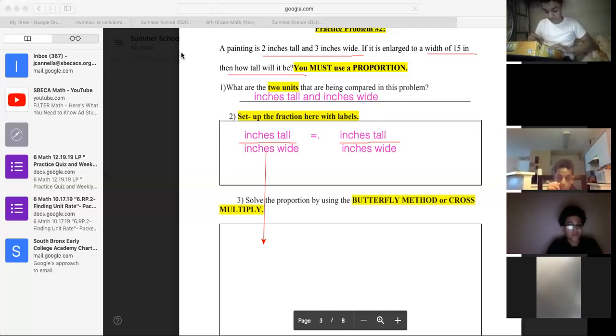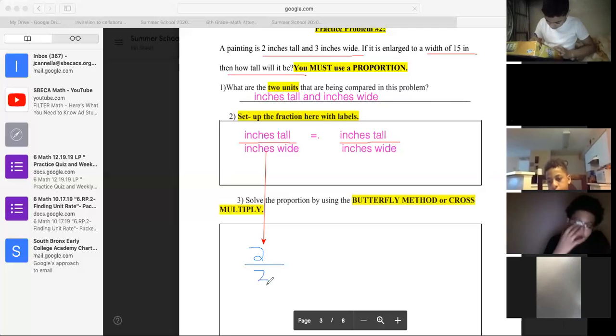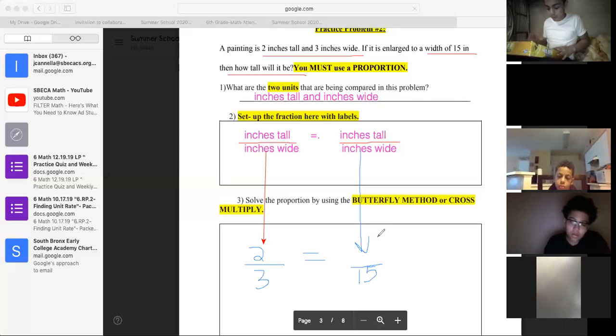So we're going to write 2 over 3 equals. Let's bring this part down now. Next sentence: if it is enlarged to a width of 15. So the width is where? The numerator or the denominator? Denominator. We have to find out the top.